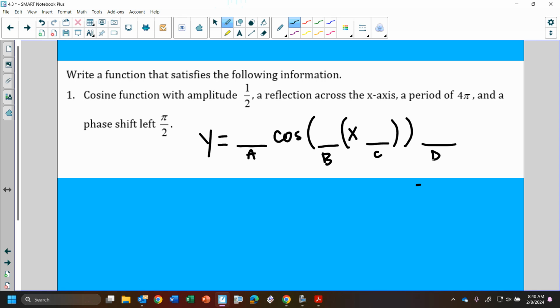So we're going to read the problem and find some clues. What could A be? What could B be? What is C? Why don't you guys start off? Help your neighbors. See if you can figure out what A might be.